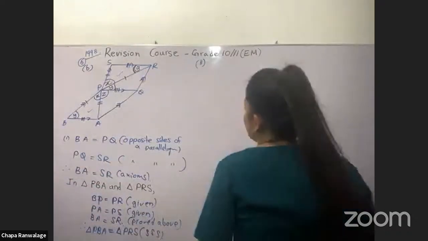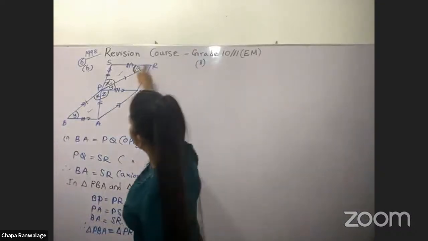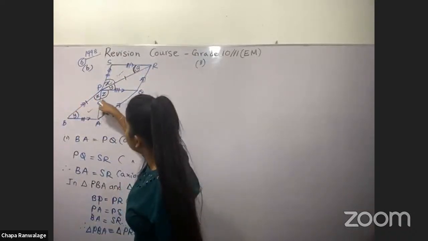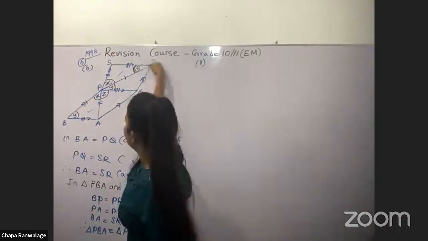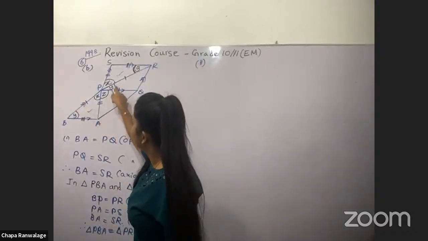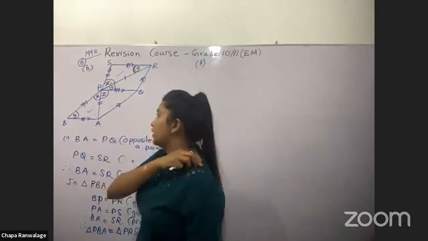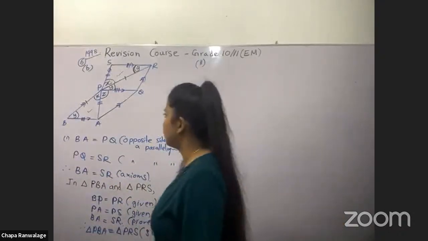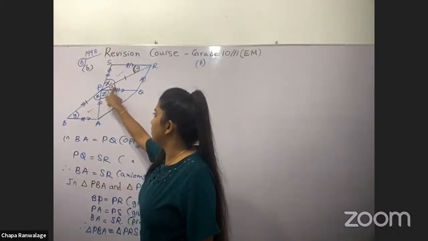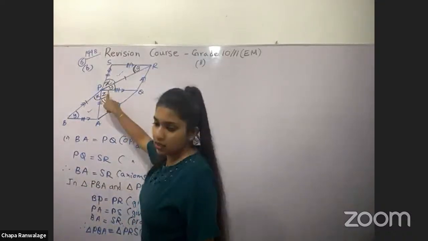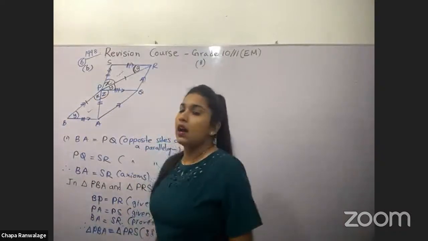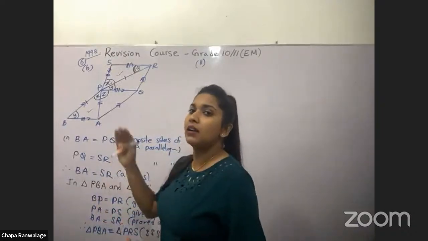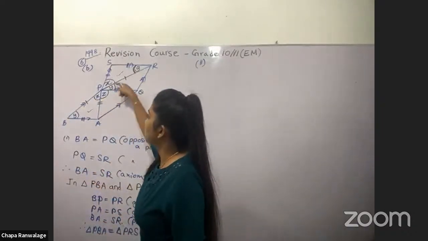Why? If this one is a straight line, what about the sum of these three angles? That one should be equal to 180 now. So here the sum of these three angles means x plus z plus y.